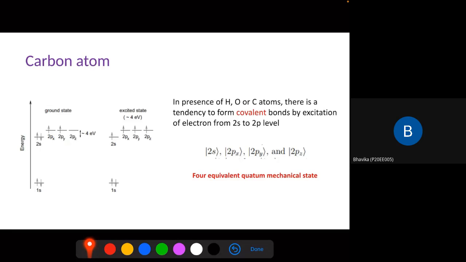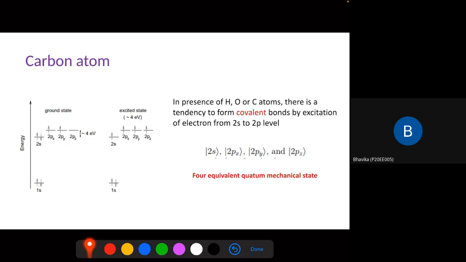What is interesting is, as we discussed before, you have a 2s2 2p2 state, so 2px1, 2py1, and 2pz is kind of empty. But if you have this hybridization between 2s, 2px, 2py and 2pz, you can have a hybridized state, and you get covalent bonding.